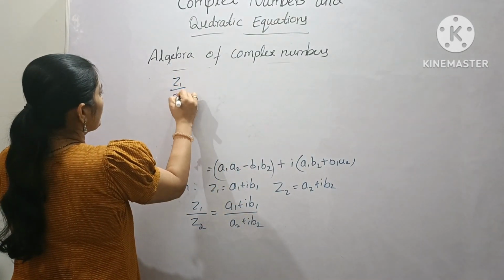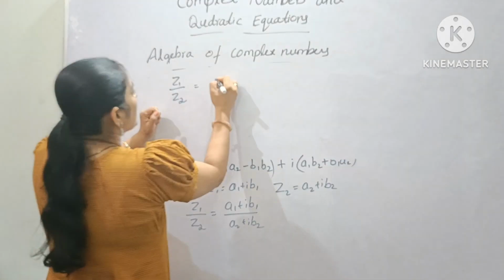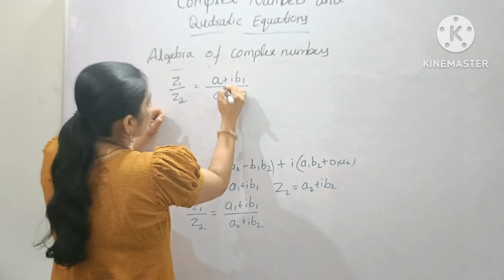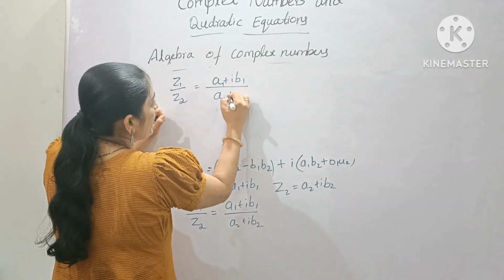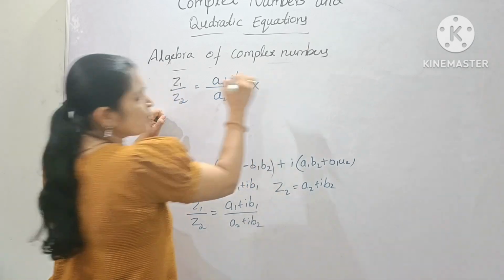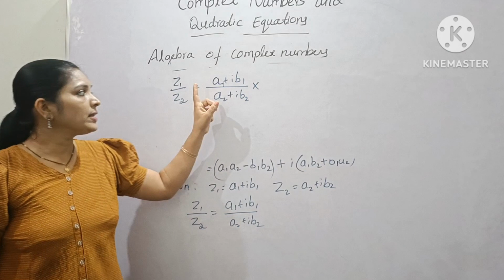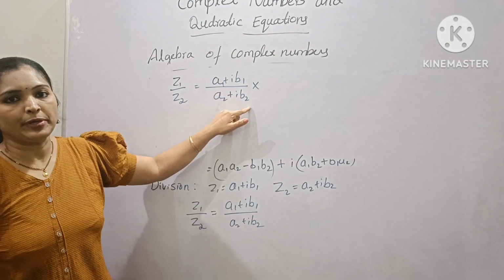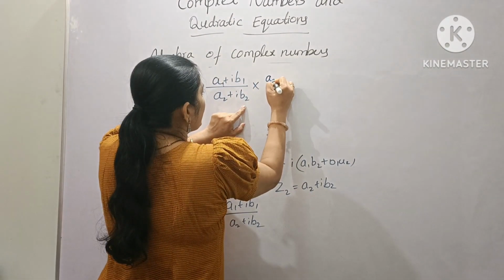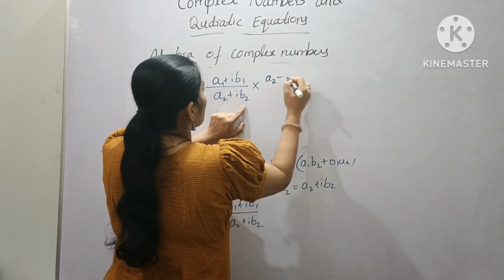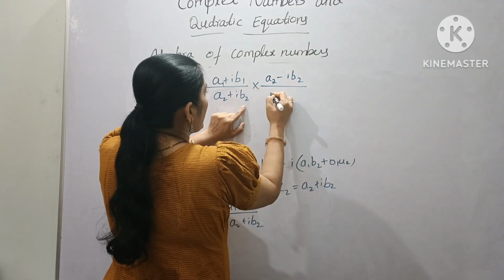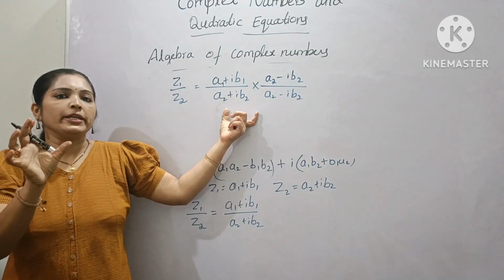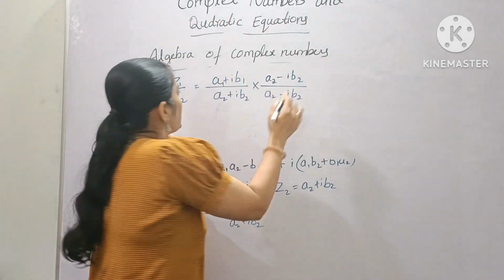That is z1 divided by z2 is equal to (a1 plus ib1) divided by (a2 plus ib2), into, multiply and divide by (a2 minus ib2). You will understand why we multiply by this term a2 minus ib2 divided by a2 minus ib2, so that we will get the denominator as a real number. Now simplify.